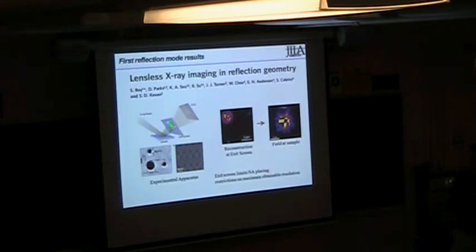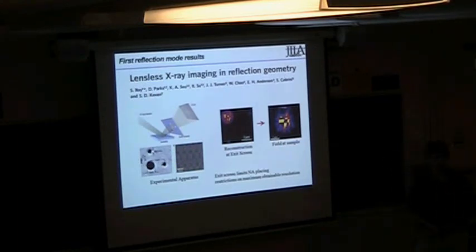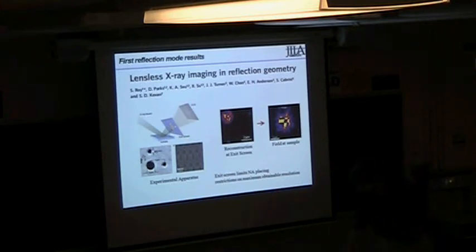If you reconstruct the field near the sample, then you can do Fresnel propagation back to the sample plane and get an image like this, which is pretty consistent with the SEM image. So we're working in our group on more ways to attempt this reflection mode imaging.